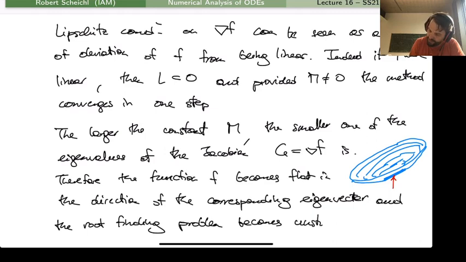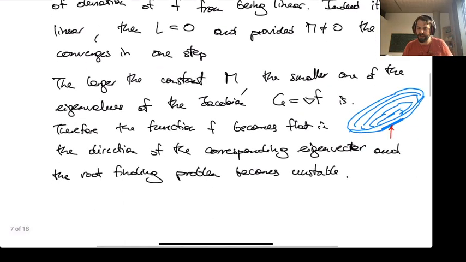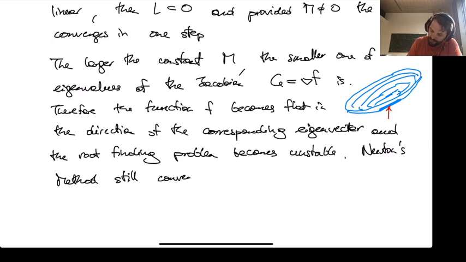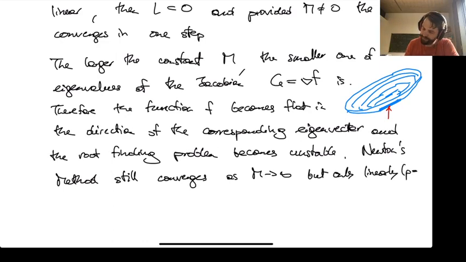But as I said already when I stated the proof, Newton's method still converges even when m goes to infinity, but only linearly, so with p equals 1.